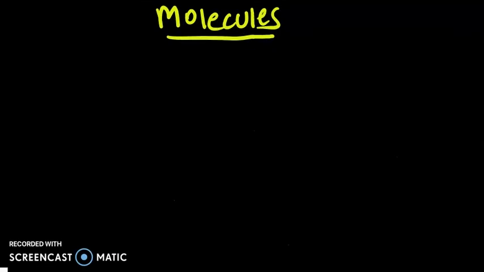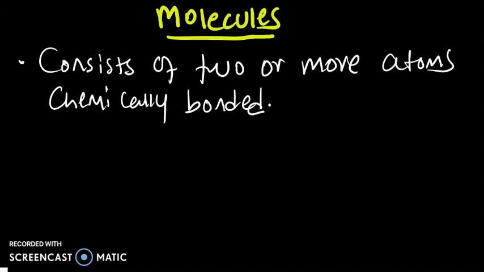So molecules are like compounds. A molecule consists of two or more atoms that are chemically bonded together. Unlike compounds, in molecules the building blocks can be the same element, like oxygen, nitrogen, chlorine, and so on.